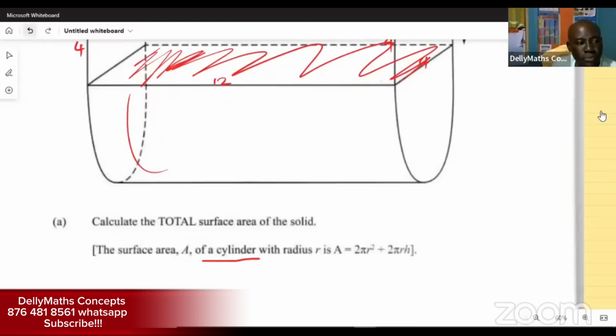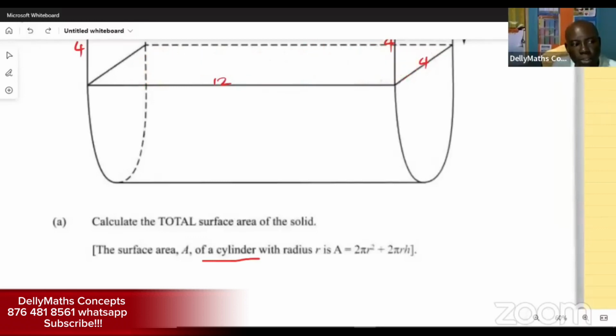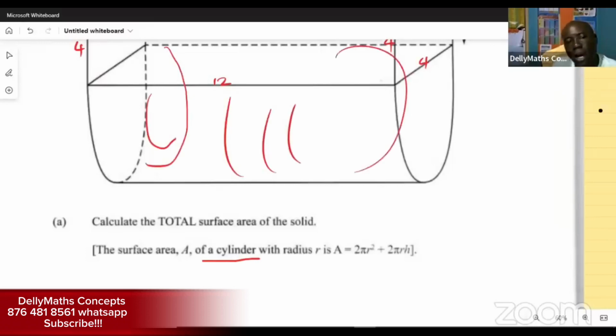But we still have to think about what we're doing. So remember now, we're talking about the curved surface outside, all the way outside, the curved surface here on the other side, and these two semicircles here together. So it's outside we're dealing with.